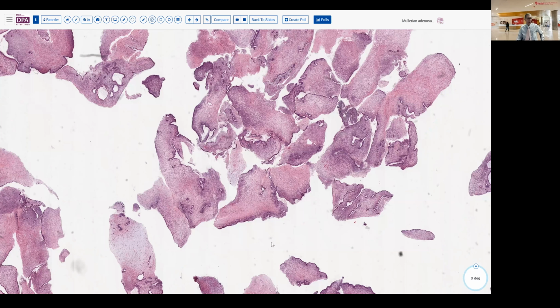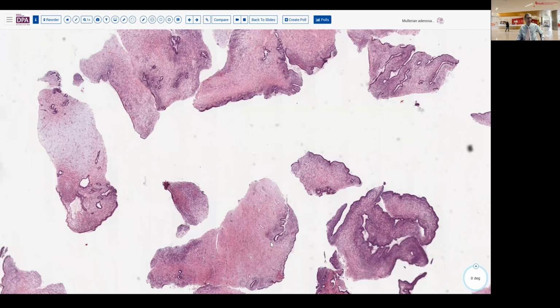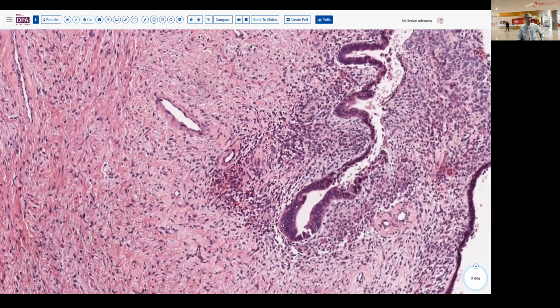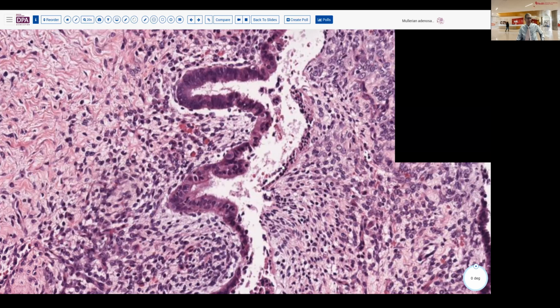And as you come into higher magnification, you might see how this tissue in these subepithelial zones is more cellular, maybe more inflamed and active, while the epithelium is clearly benign. And here you see some of that higher grade appearance of some of these cells in these areas.